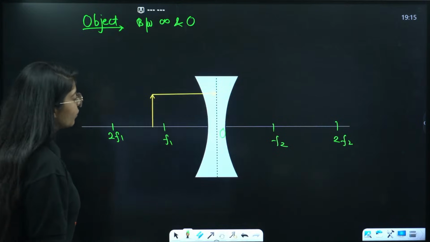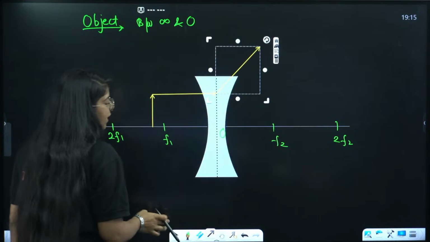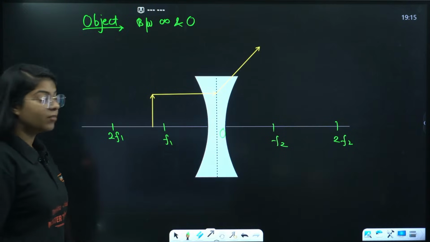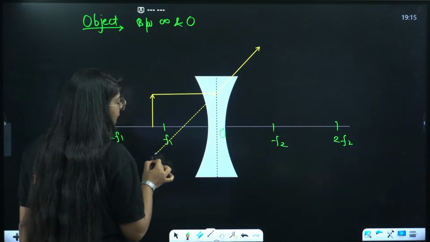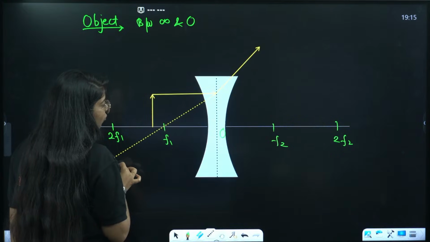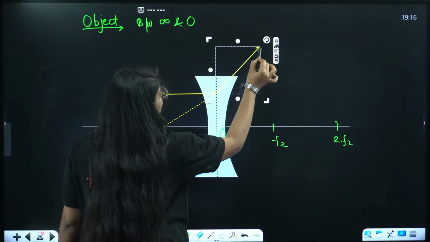This ray will get diverged, and we'll see that it looks like it is passing through the focus.